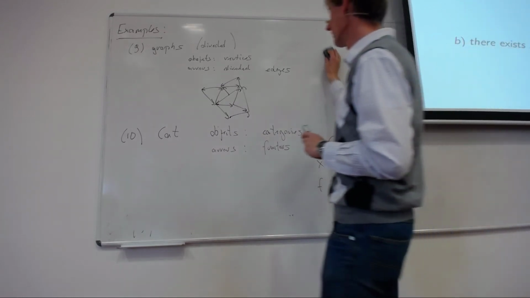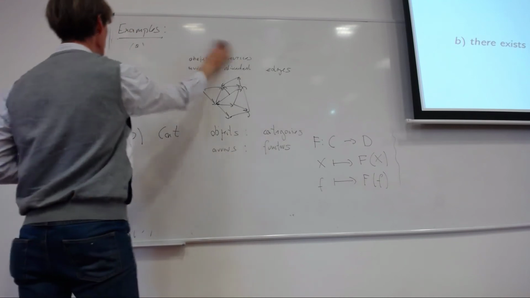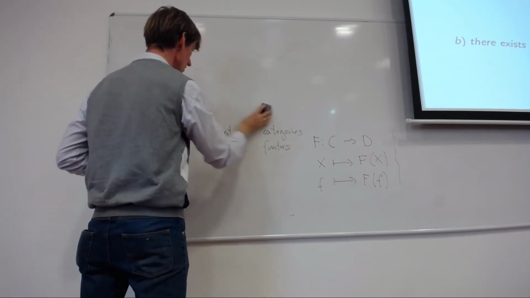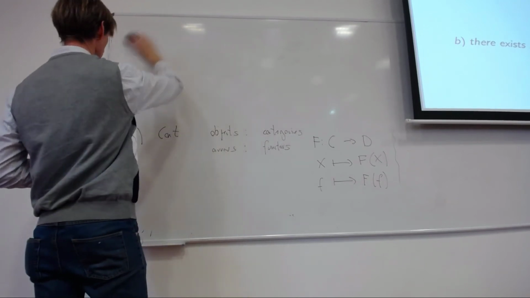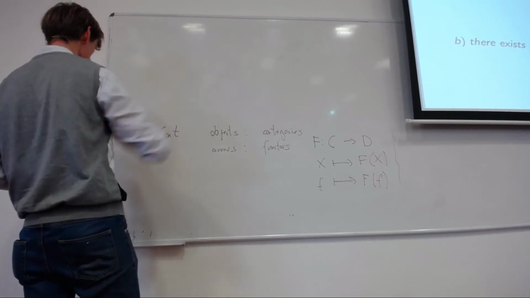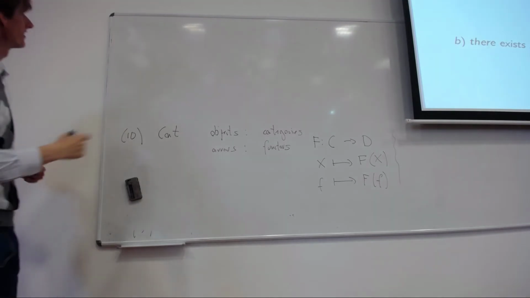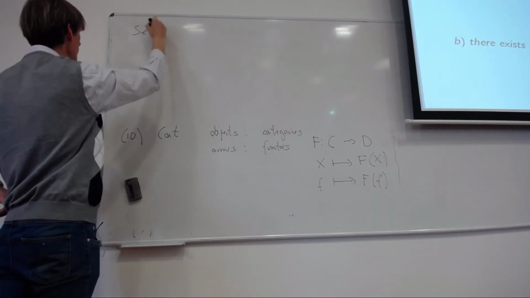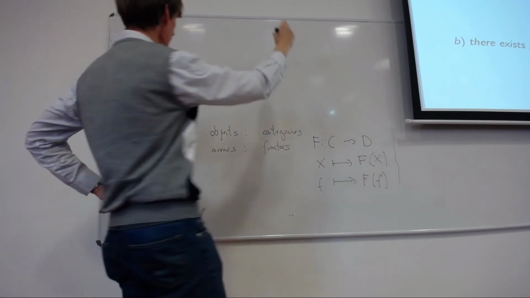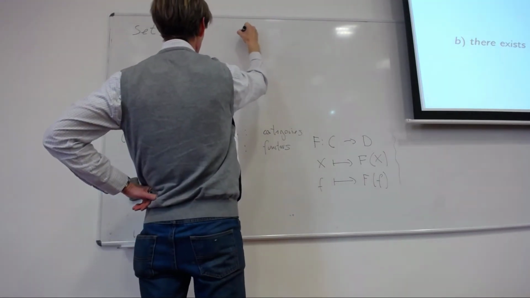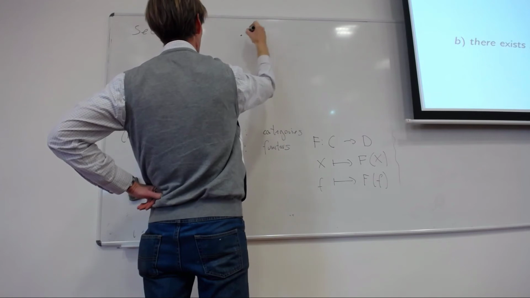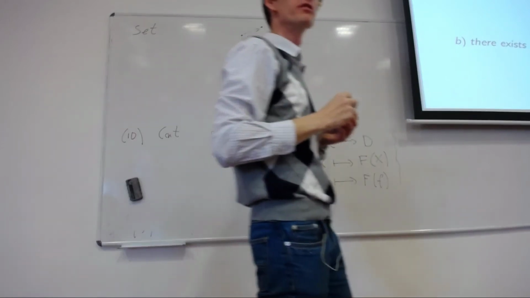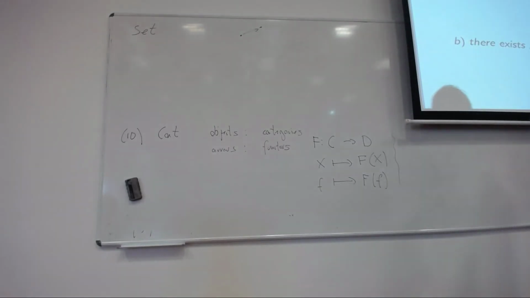So, for example, let's say that we have a category of sets, and then we have a category consisting of two objects and one arrow between those two objects.